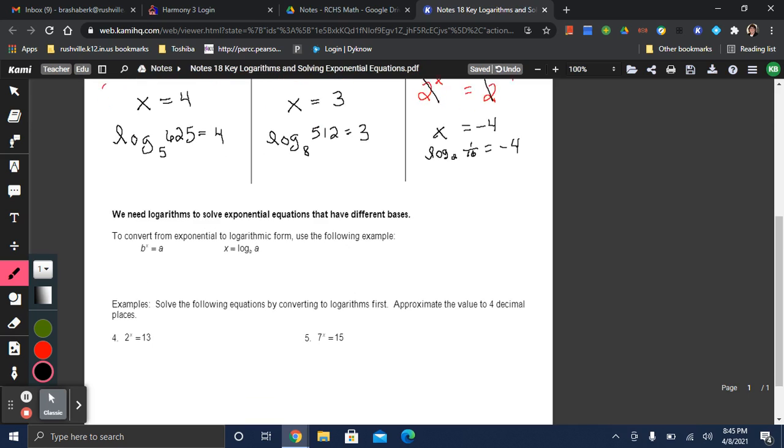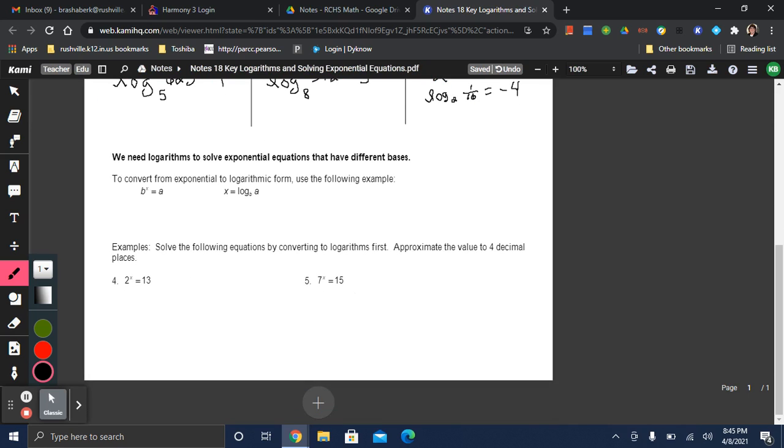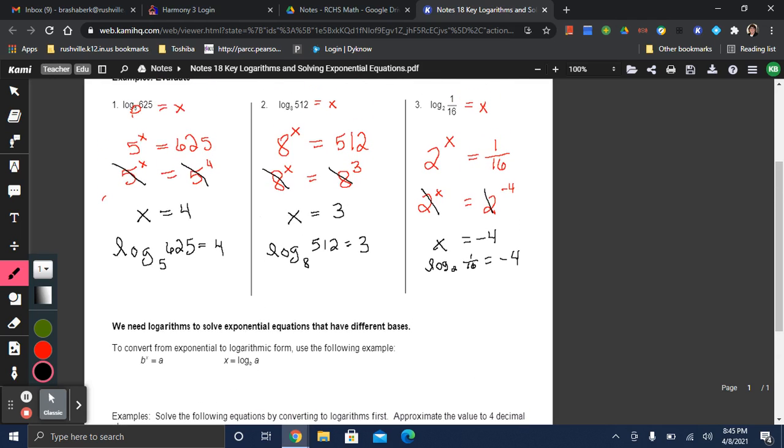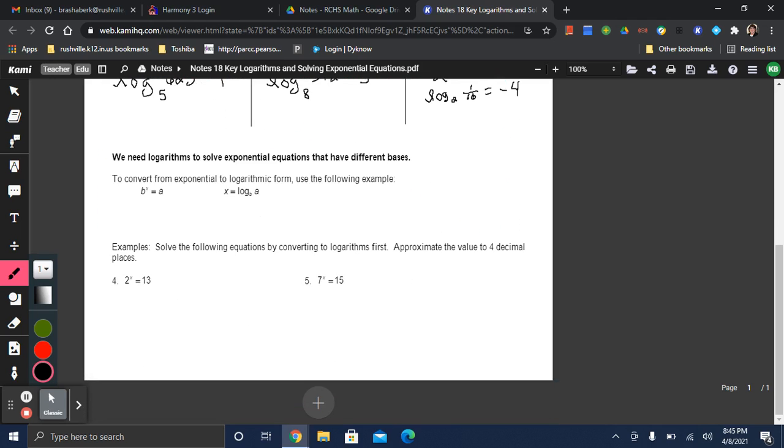And that's actually what we're going to start down here. So there are some exponential equations that cannot be converted to the same bases like we did in these first 3 problems. And that's where you have to use a logarithm.